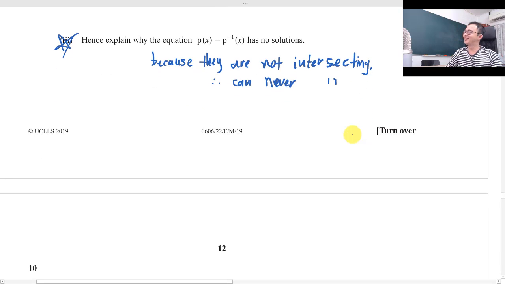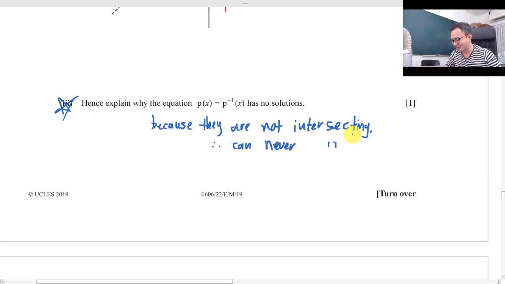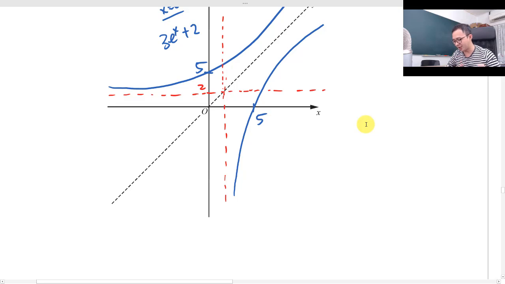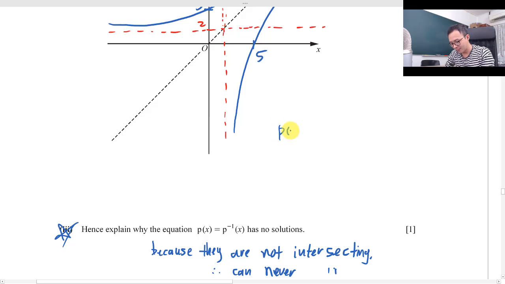Okay, you want to know why, then we need to go into something quite deep. What I can teach you, I try to use a simple way to explain something quite challenging. We have the equation for p(x). p(x) equals 3e^x plus 2.